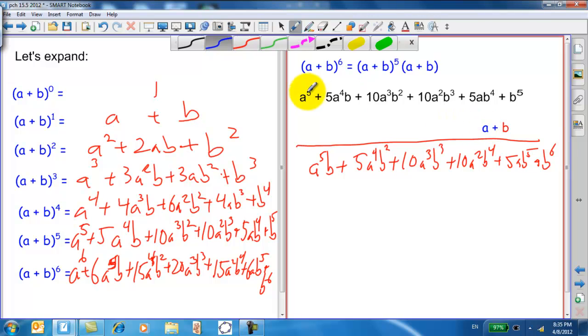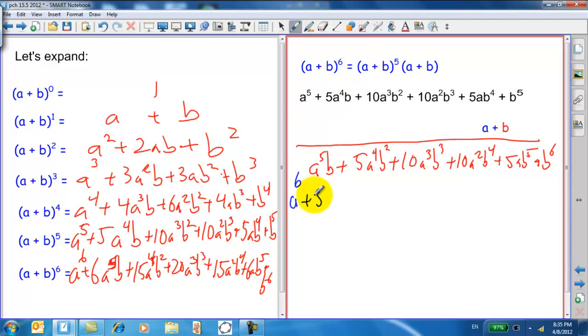When I do that, I get a times a to the fifth, so I get a to the sixth, plus a times 5a to the fourth b is 5a to the fifth b, plus 10a to the fourth b squared, plus 10a cubed b cubed, plus 5a squared b to the fourth, plus ab to the fifth.